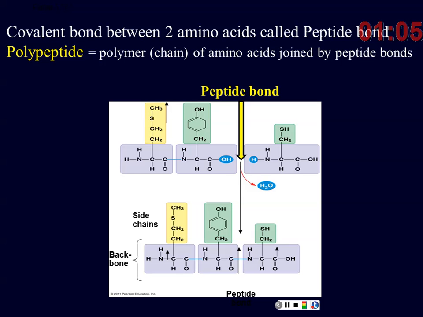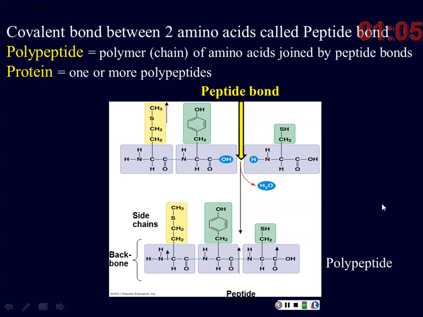Right now in your notes, I want you to write down: peptide equals protein. The word peptide is associated with proteins, so anytime you hear that word, you know it has something to do with a protein. So that's a polypeptide, and a protein would be one or more of those polypeptides.